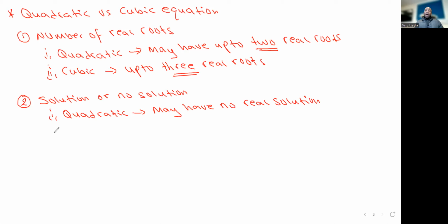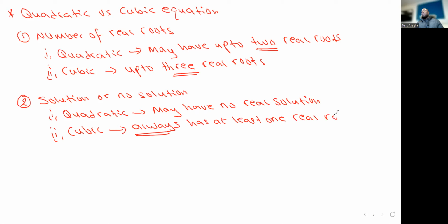While in cubic, you always have a solution, at least one. The key word is always. You can't have no solution. You always have at least one real root, or one solution.